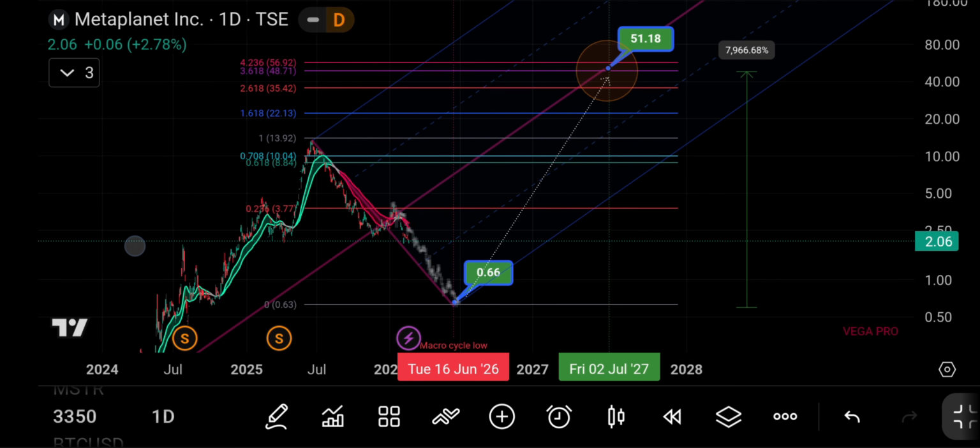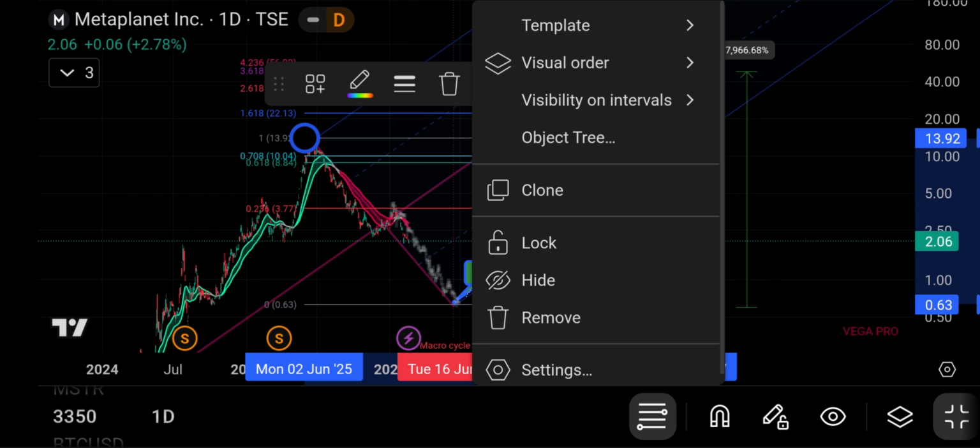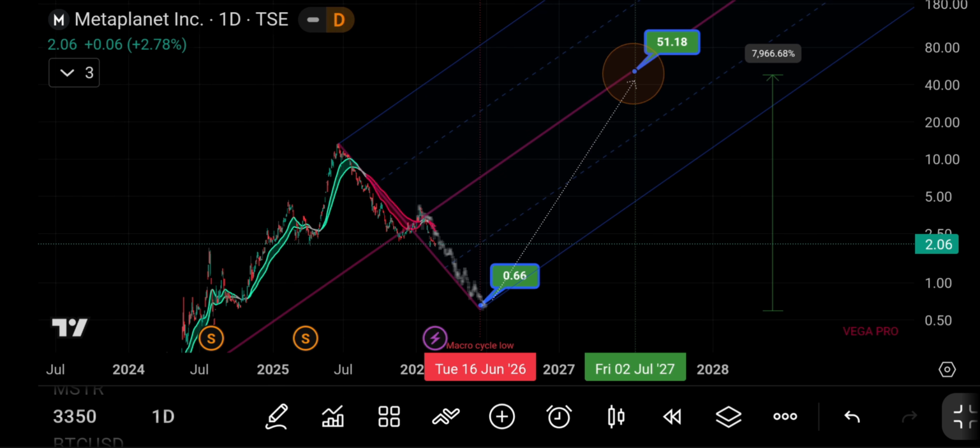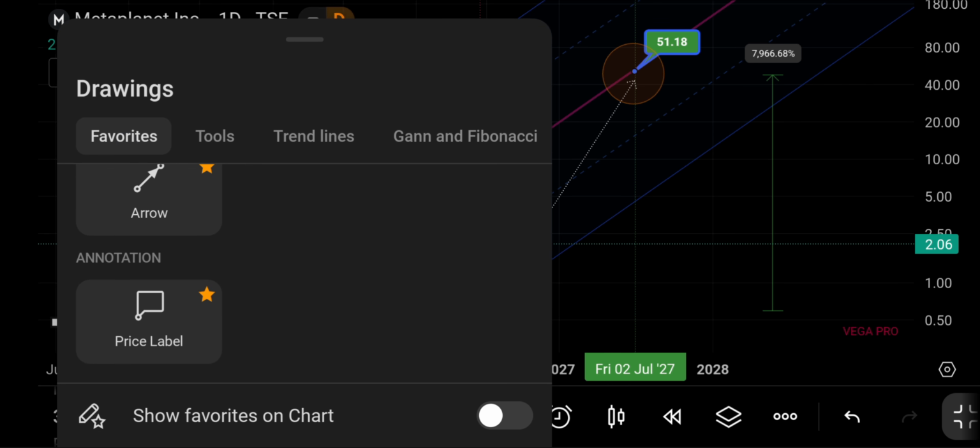So what we're looking at are the points of intersection. With the previous MicroStrategy simulation, we can determine or project a price and a date. Very amazing, right? I'm going to hide this one again, leaving only the pitchfork, because the main idea is to have that central line to target an exit.